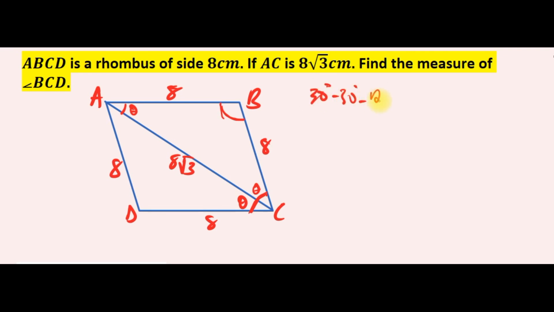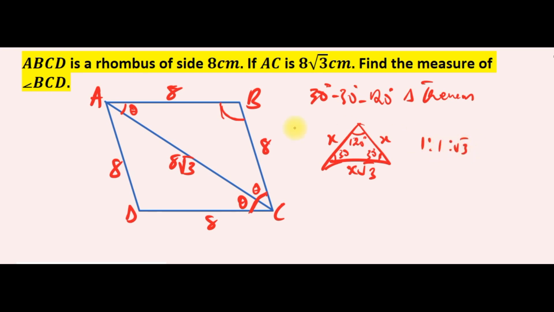It states that in any triangle of such form, if here is 120, this is 30, and this is 30, the sides facing the 30 are x each, and this one must be x root 3. So the ratio must be 1:1:root 3. That's what I'm seeing here.